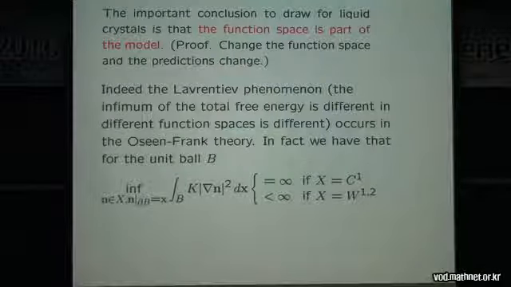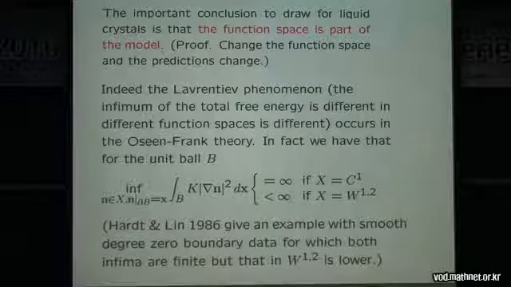So if you like, the energy is infinite for them, but you can take n(x) equal to x over norm x, which in fact minimizes this under certain circumstances, subject to its own boundary data. So if you think that's cheating with the plus infinity there, then there's another example of Hardt and Lin where you have smooth degree 0 boundary data for which both infima are finite, but that in W^{1,2} is lower.